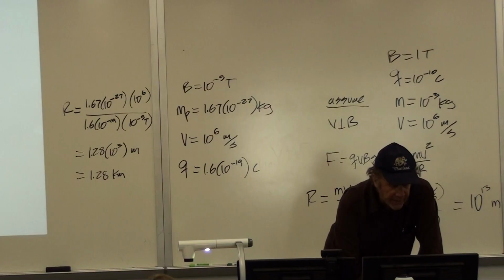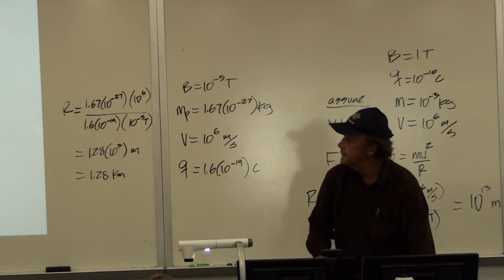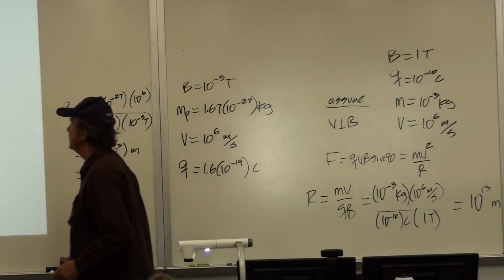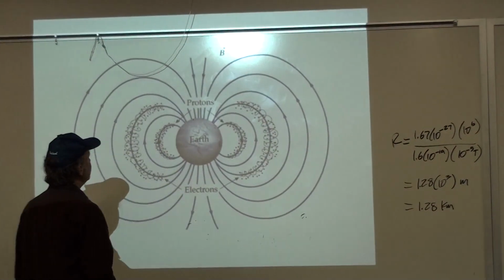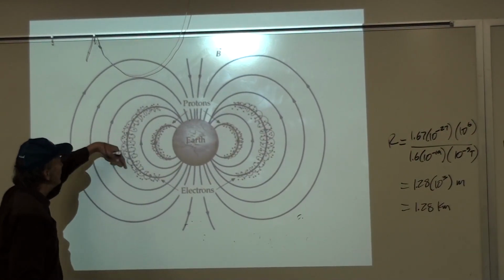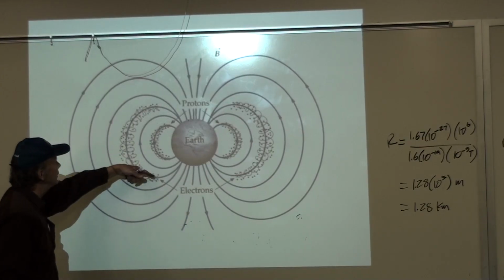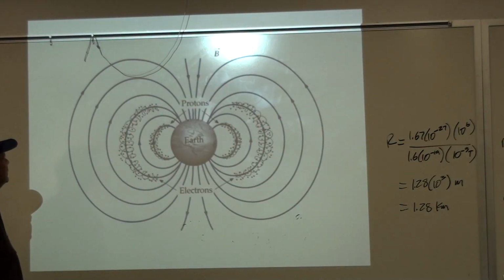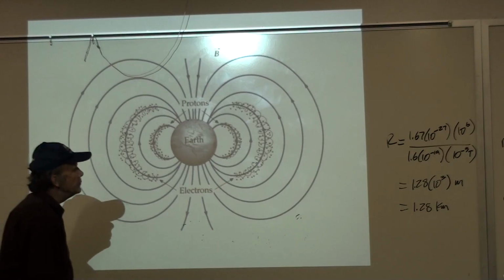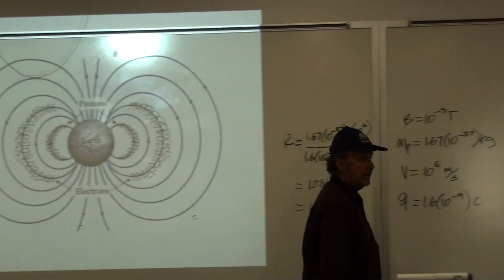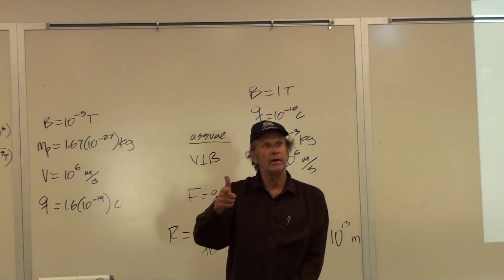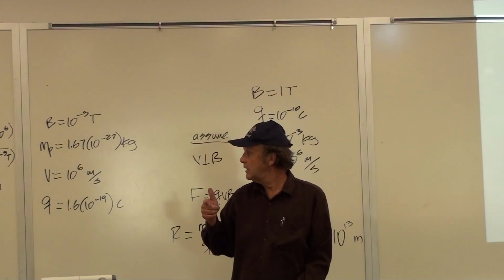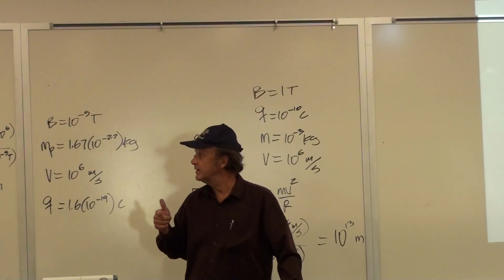Not nearly as big as the size of the Earth. And so what you tend to get then are particles that are evaporated from the sun moving in circular orbits that are on the order of a few kilometers or so. But superimposed on that motion, we also have the motion that is associated with the velocity being parallel to the magnetic field.